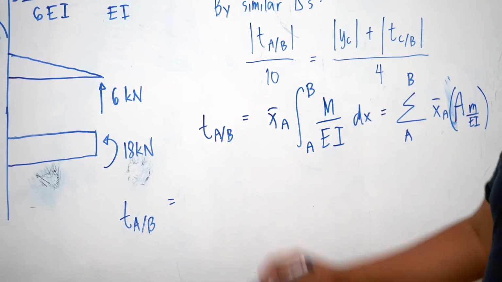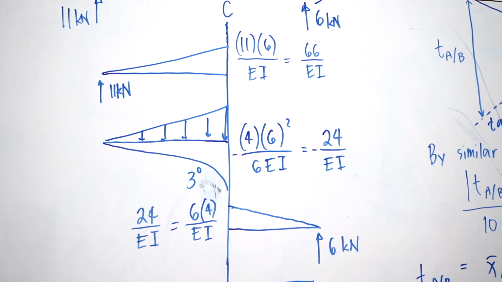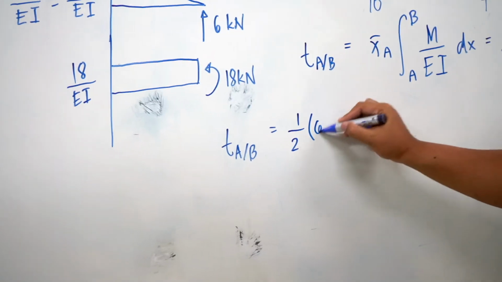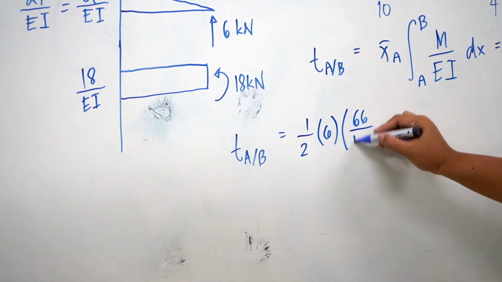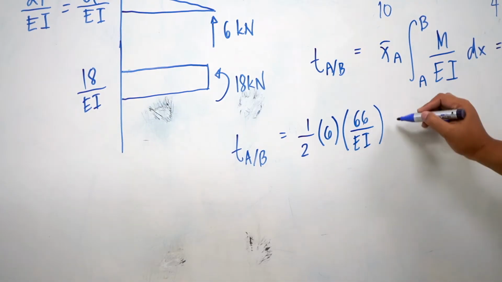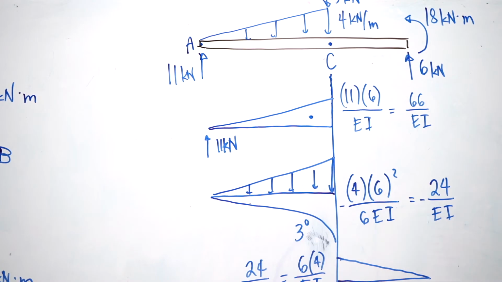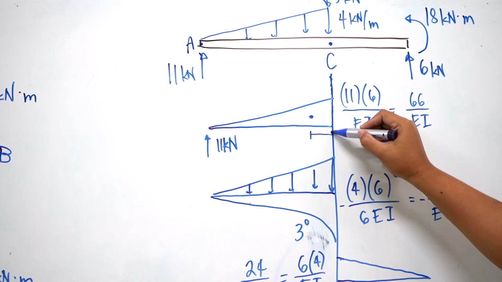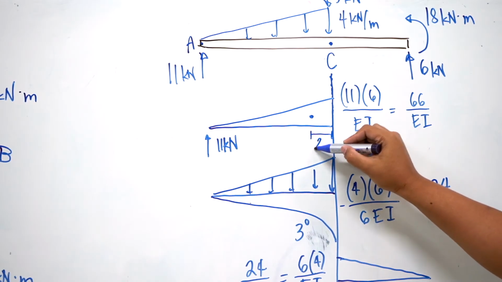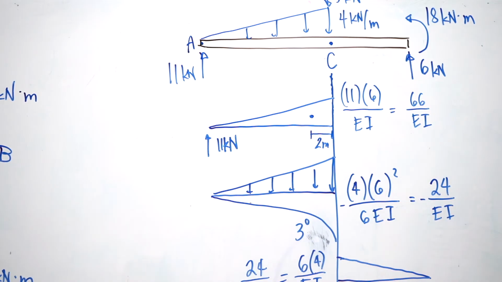First, the area of this triangle, that is 1/2 times 6 times 66 over EI, times its x bar measured from A. The location of the centroid of this area is here, that is 1/3 of this base, that is 2 meters. So measured from A, that is 4 meters.